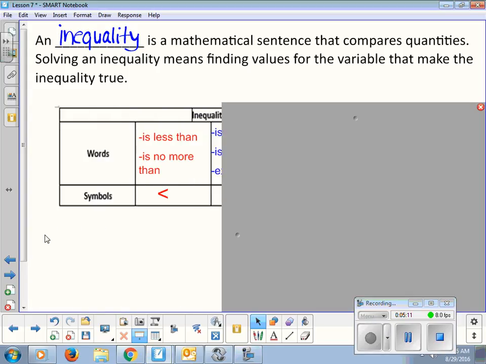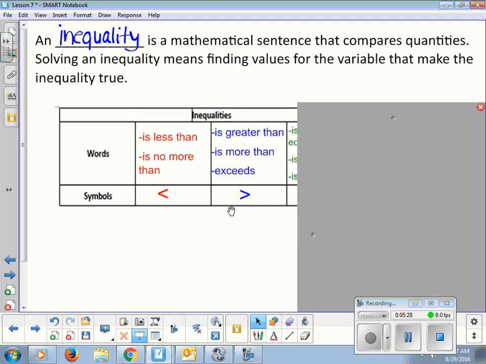Okay, our first symbol, when you open to the right, so if you use your left hand, you can make your less than sign. It opens to the right. This symbol means is less than or is no more than. If your inequality symbol is facing the other way, that means is greater than, is more than, or exceeds.